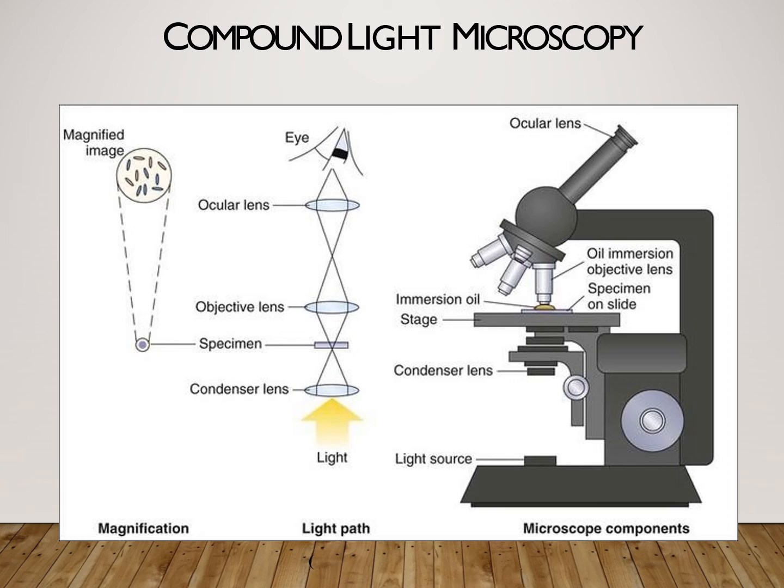So a practical on living cells is not possible using an electron microscope, while with a light microscope we can see living cells too. For example, we can see division and migration of various prokaryotes, bacteria, under the light and compound microscope. This is the simple pathway of light in a compound microscope, and this is the sample of a compound microscope.